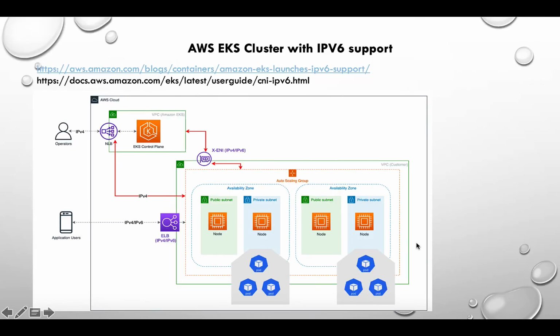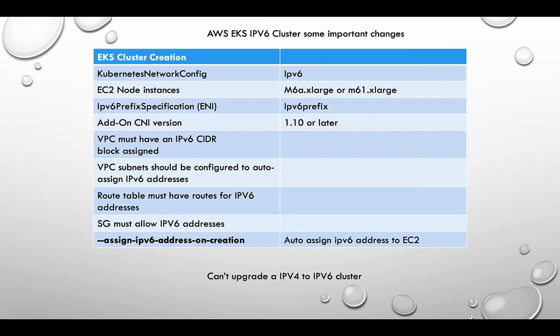So what is required for IPv6 support? When you're building a cluster with v6, the first thing is that the Kubernetes network configuration has to be set to IPv6, because by default it is IPv4. If you don't set this parameter, it will assume that it's a v4 cluster.